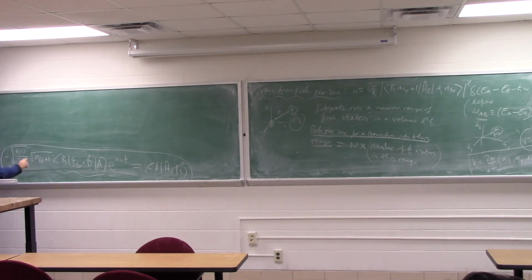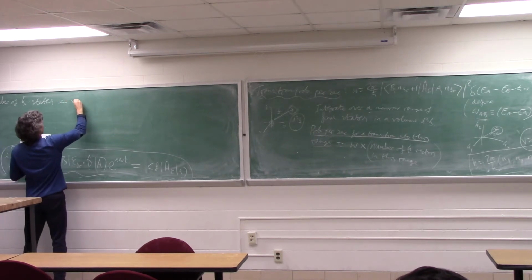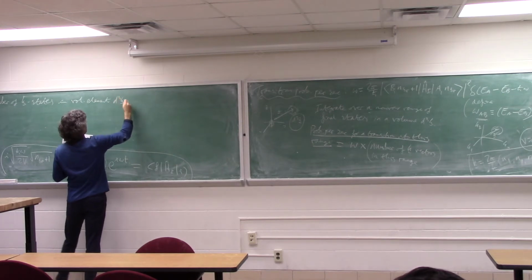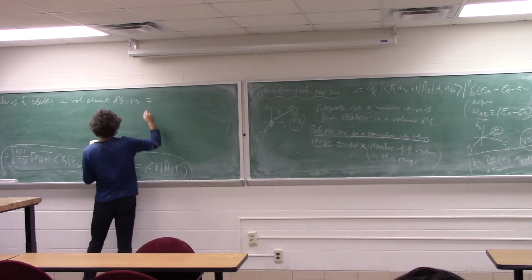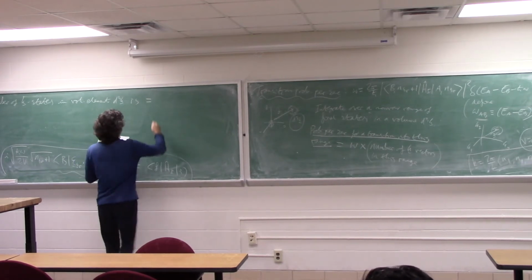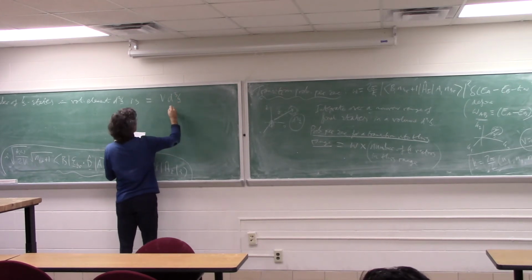Something again that you should have known before. The number of k states, if you want to call it that, in the volume element d3k is equal to V d3k over 2 pi cubed.